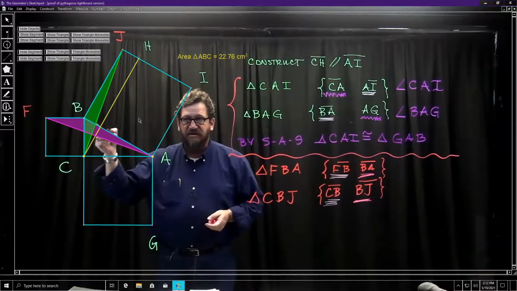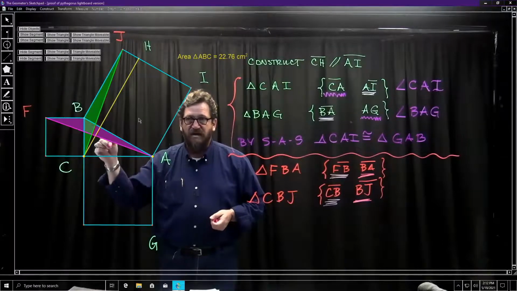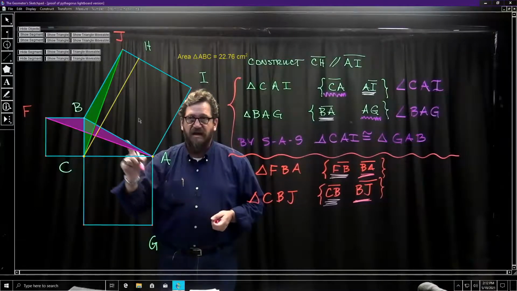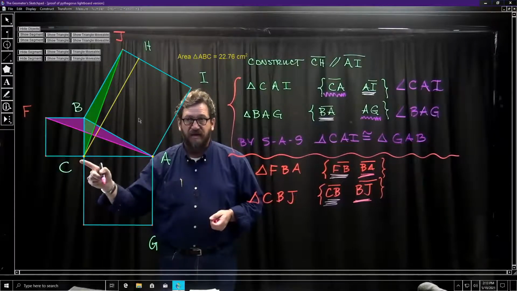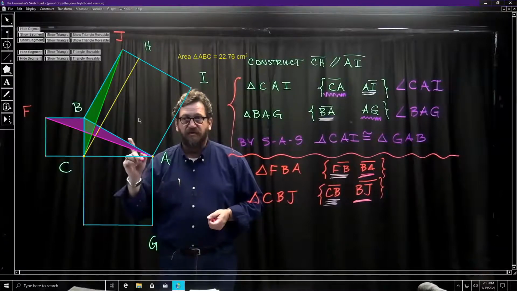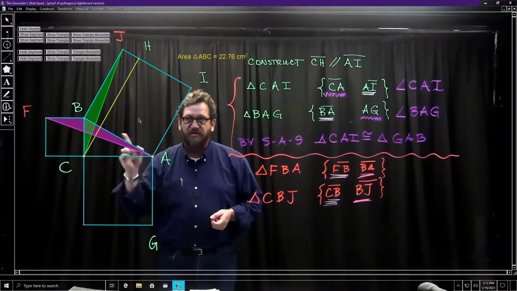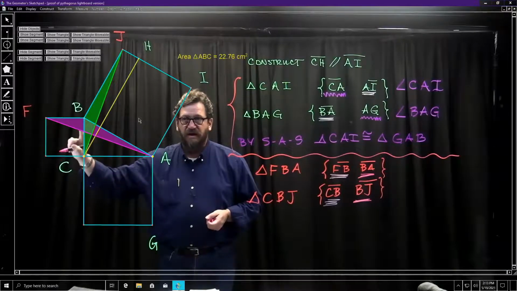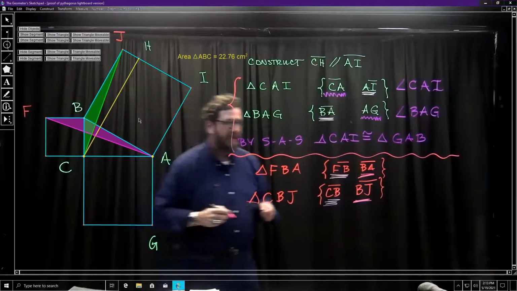Now let's look at this common angle right in here. And we notice we have the angle from A to B down to C is common to both the green and the pink triangle. And notice both triangles include a right angle. So they're composite angles.